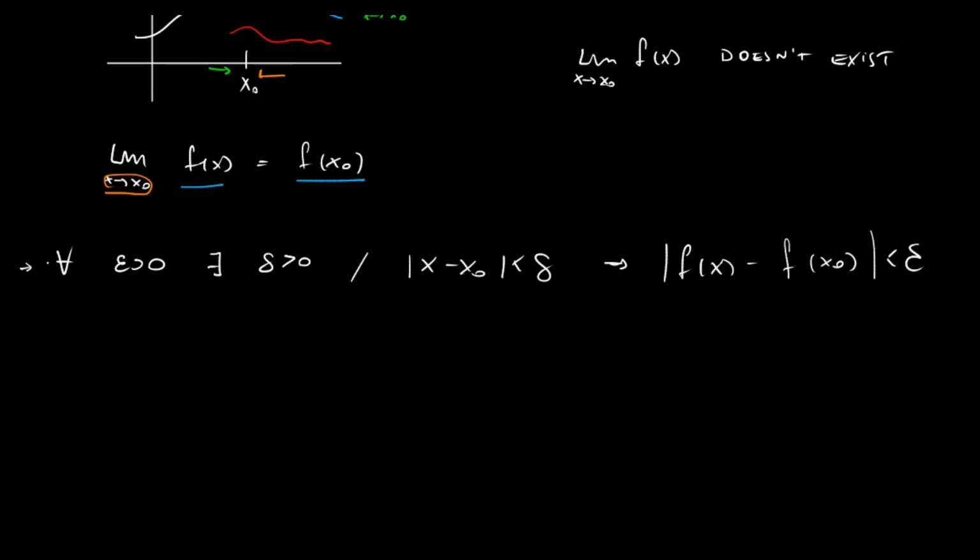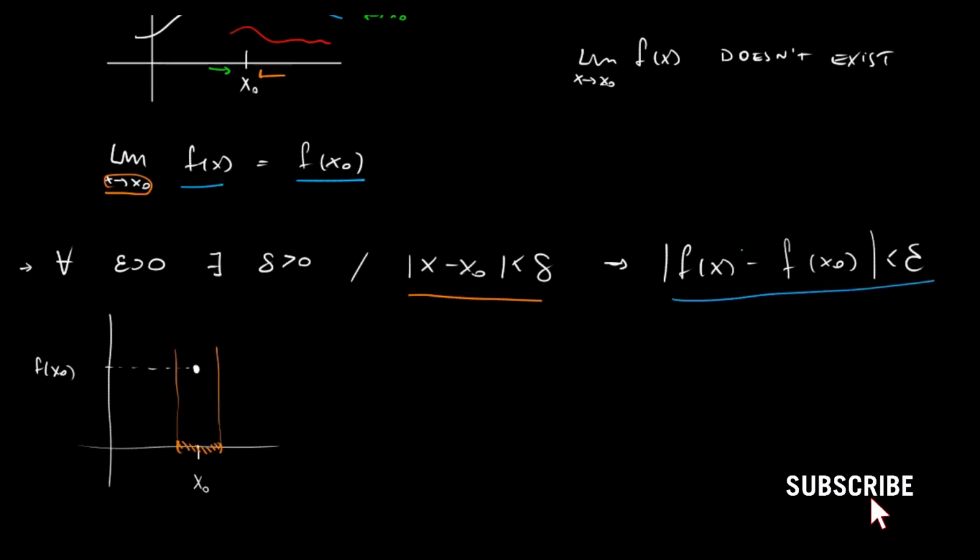So with this written is when we can see the other definition, the more intuitive one, about not lifting the pencil, because when we draw a function and we look at x0 here, and let's say that f is defined to be this number, this is f in x0, then what this is telling us is that when we look at the numbers that are close to x0, that is, numbers here, then what must happen is that our function for those numbers has to be close to our function in x0.